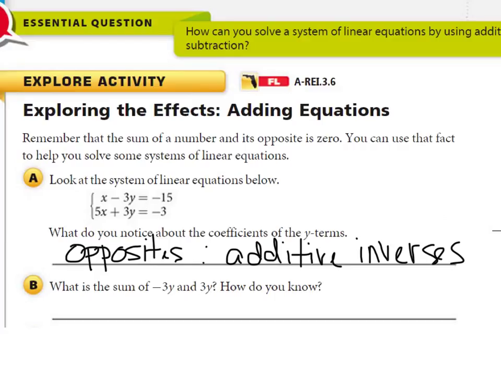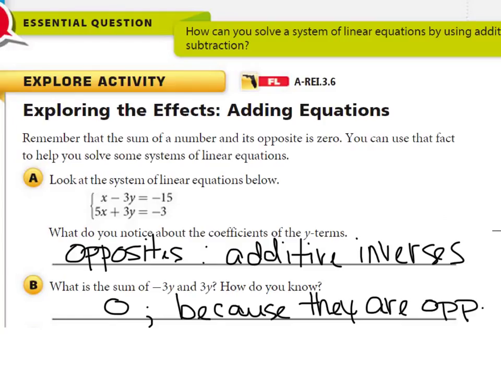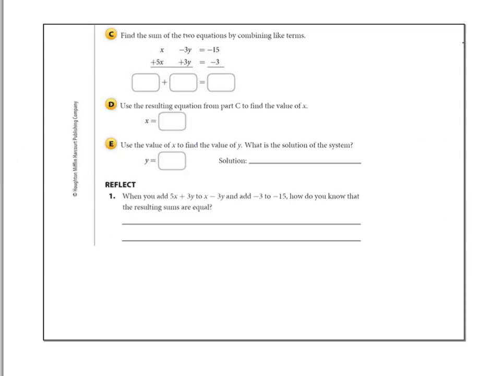So the sum of negative 3y and 3y, hopefully you know that would be 0, and that's because they're opposites. So now they wanted you to add the equations together.